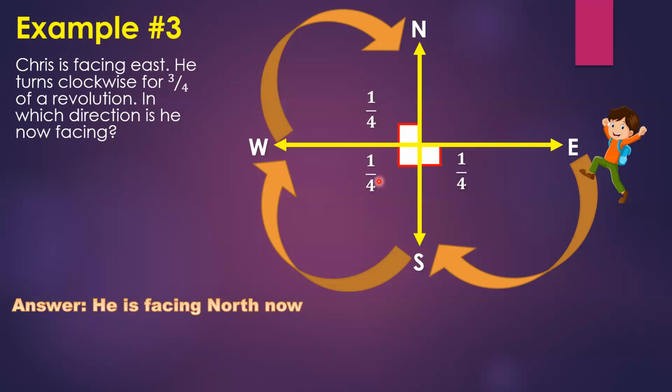I did. Very good. For those persons who did not get it, make sure you remember that it is clockwise direction now, not anti-clockwise. So you have to be careful about the direction you're going. East to south is clockwise. South to west, clockwise, 90 degrees, 1/4 of a revolution. West to north is again 1/4 of a revolution.